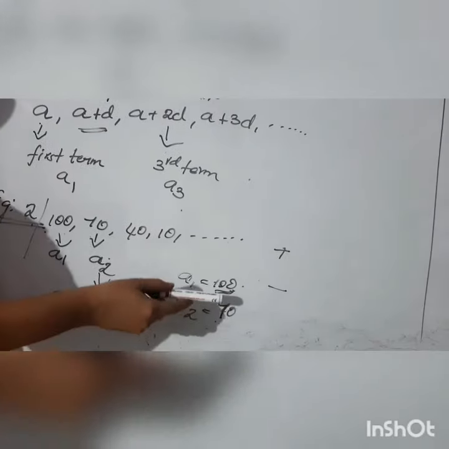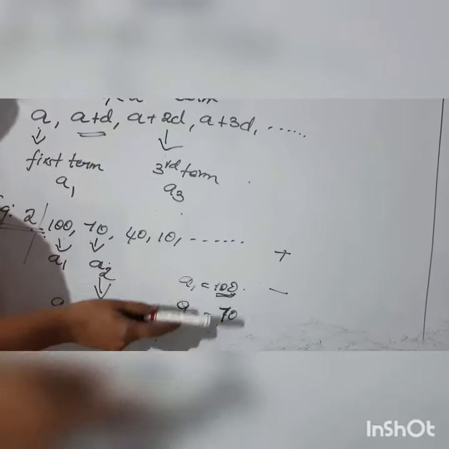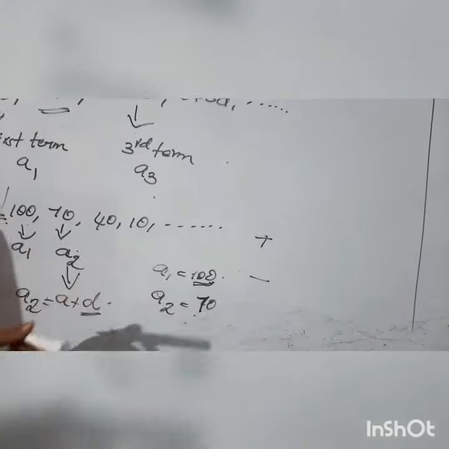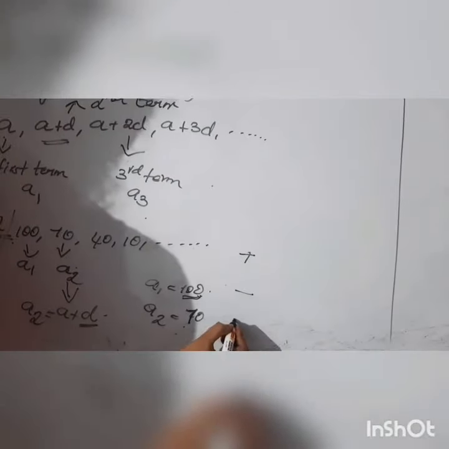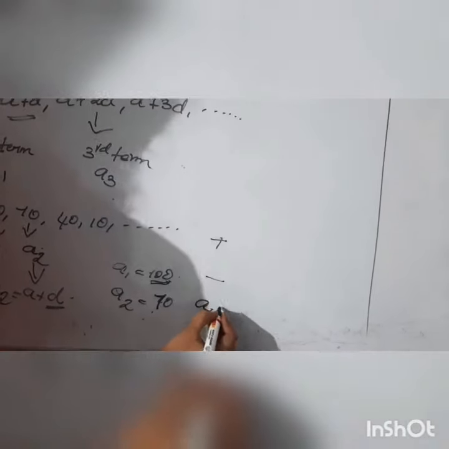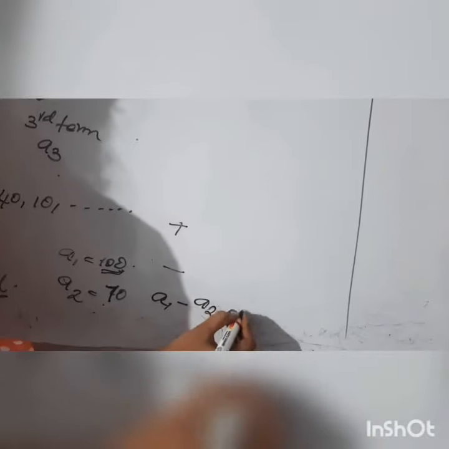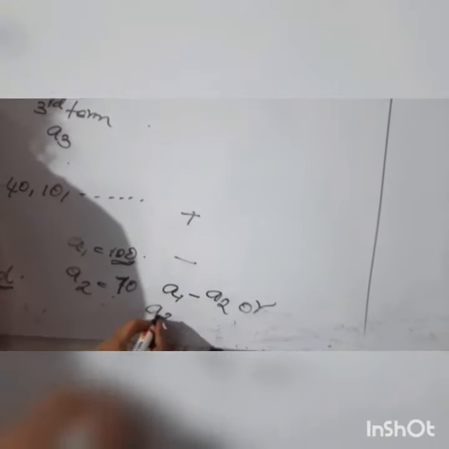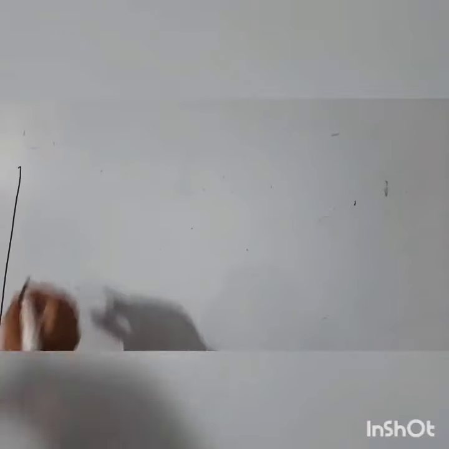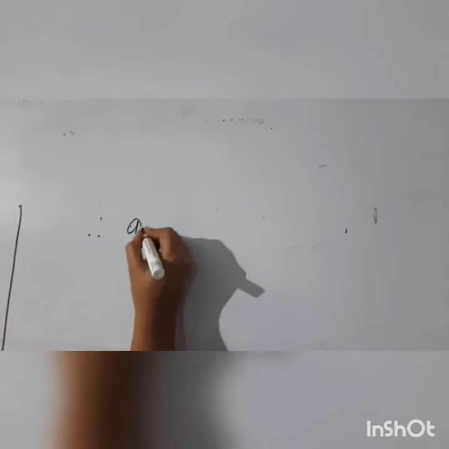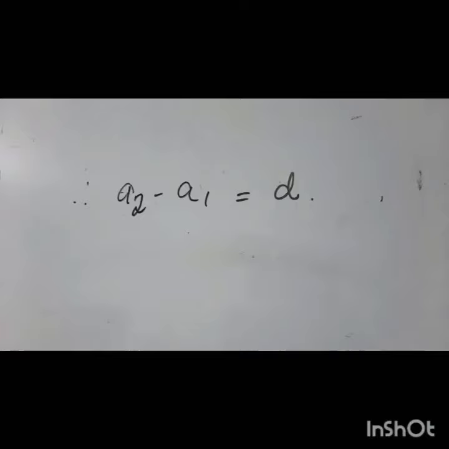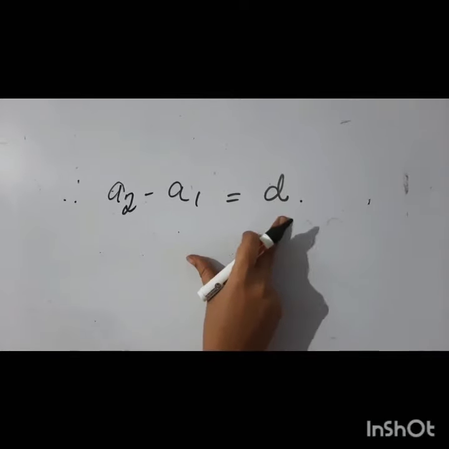So what number must be added or subtracted from 100 to get 70? Find out A1 minus A2 or A2 minus A1. Therefore, A2 minus A1 is equal to D.